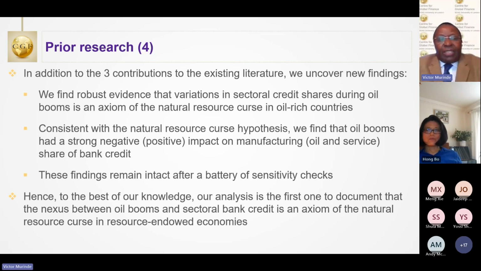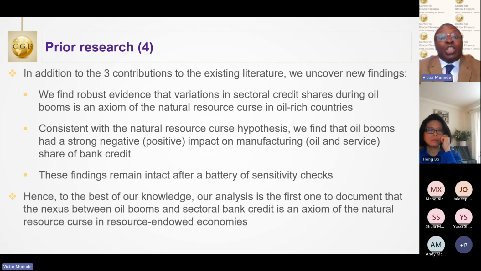Our analysis uncovers three interesting results. We find very robust evidence that variations in the sectoral credit shares by banks during oil booms really translate into a natural resource curse in oil-rich countries.